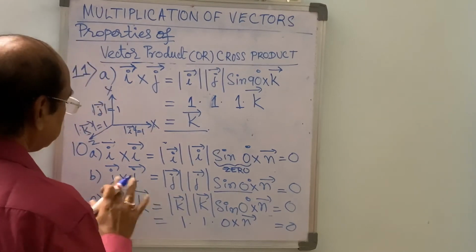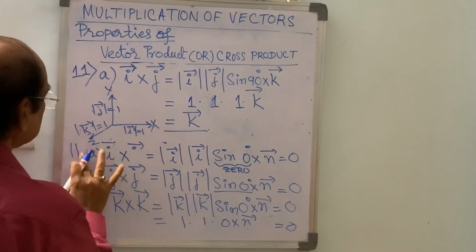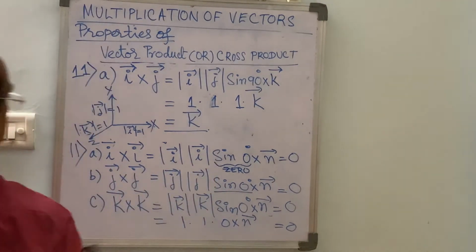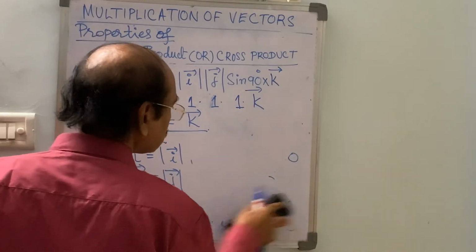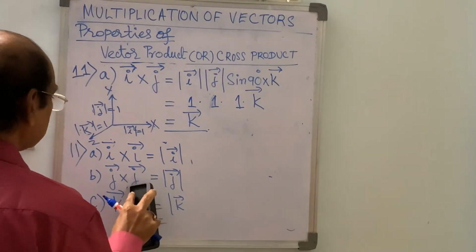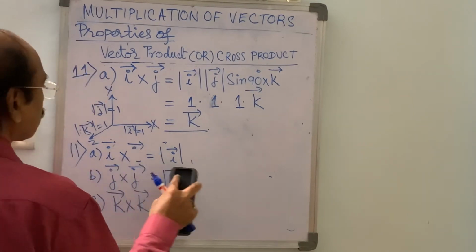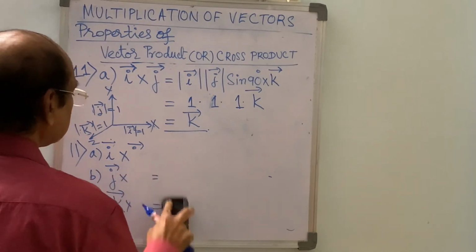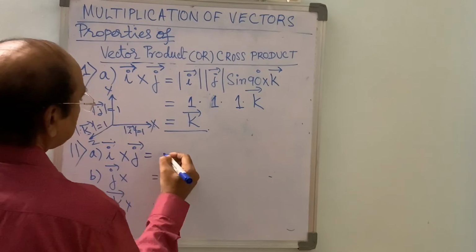Now we consider, therefore from this I bar cross j bar is equal to k bar.